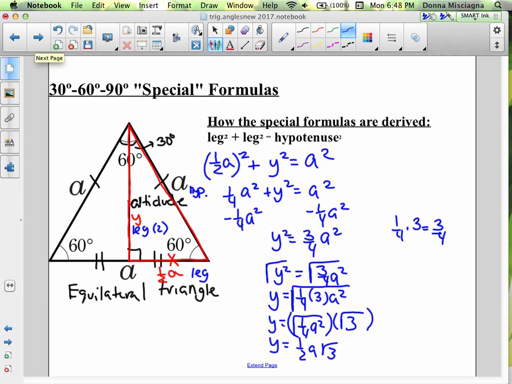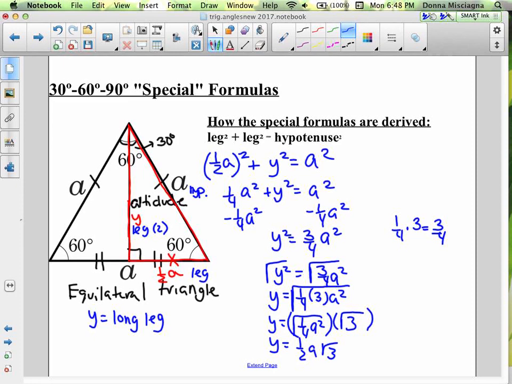And now you've learned the relationship between, we call this y here the long leg. The reason it's called the long leg is because it's opposite the larger angle of the two, not including the right angle. So 60 is a larger angle than 30 is. Right? So the side opposite the larger angle is going to be larger, and it's one of the legs of the triangle. We have a short leg and a long leg.